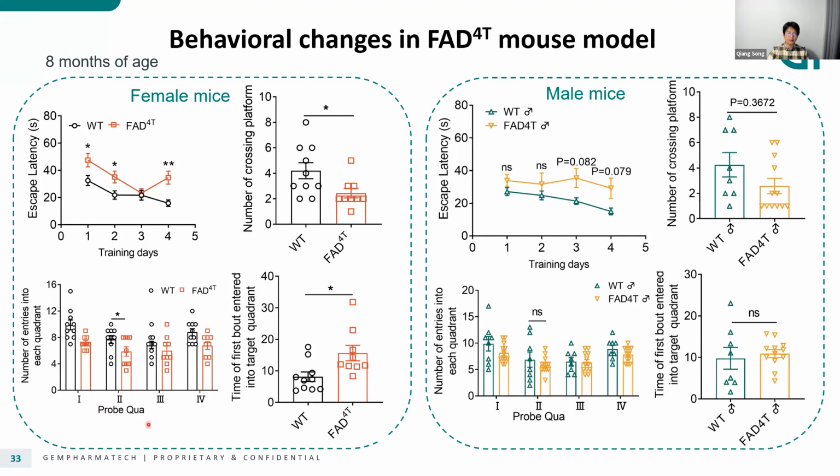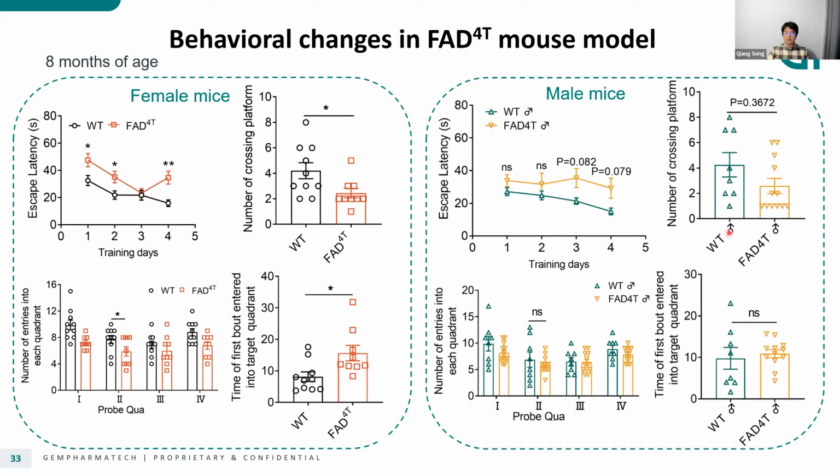The number is decreased, and the time for the entry into the target quadrant compared to the wild-type mice, the FAD40 mice have increased their times. And this data suggests that FAD40 mice have a deficiency in their learning and memory ability, especially in the female group.